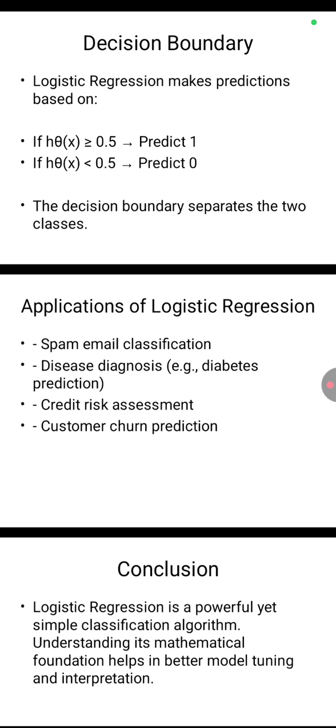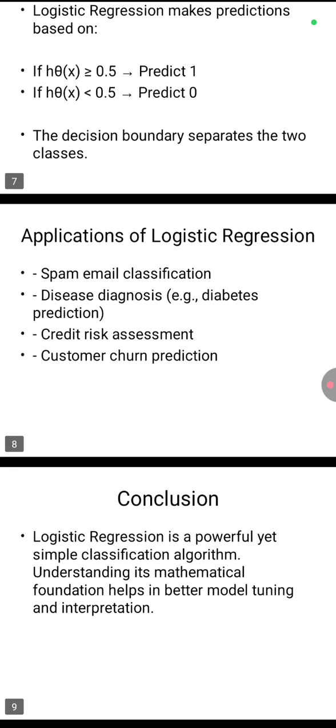And we get this particular value using the linear equation of beta 0 plus beta 1 into x. So like that it will be calculating, and beta 0 and beta 1 are the weights for the given function.